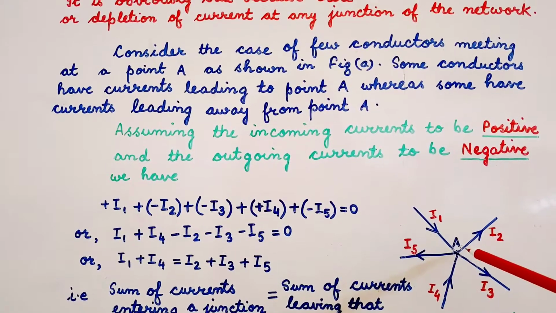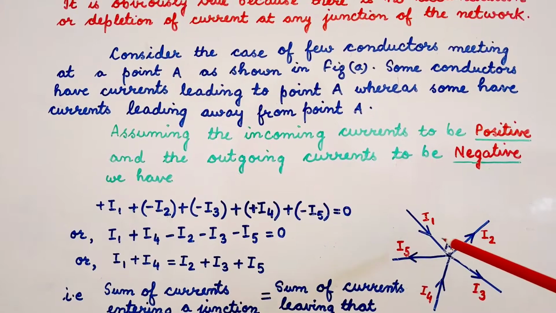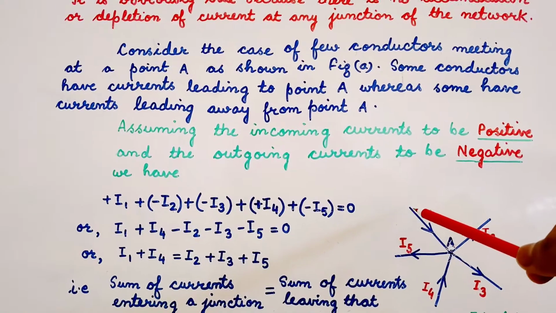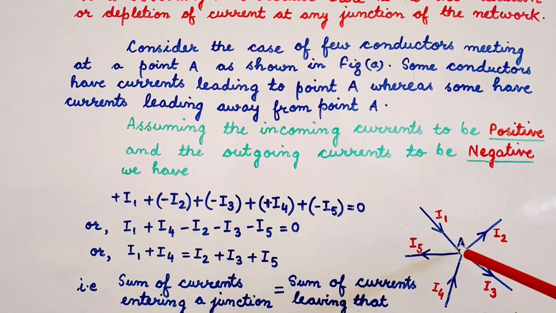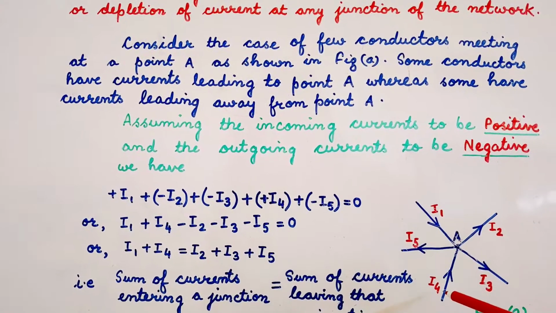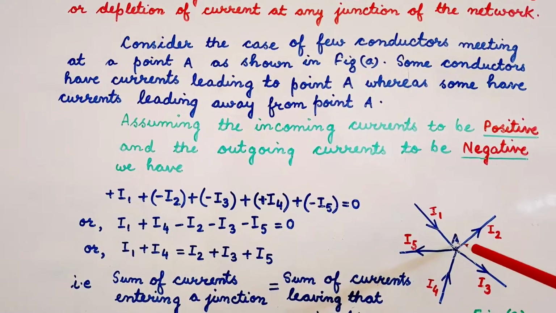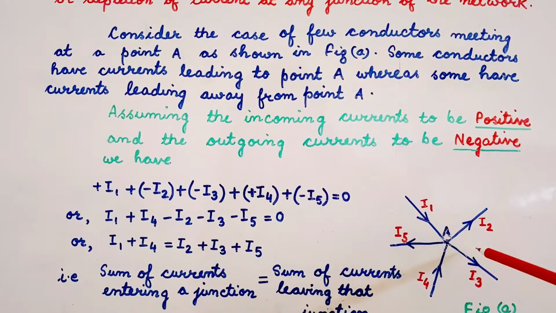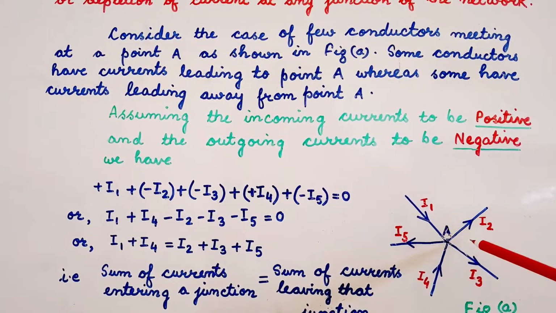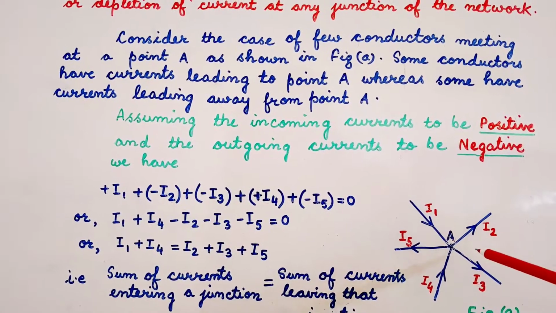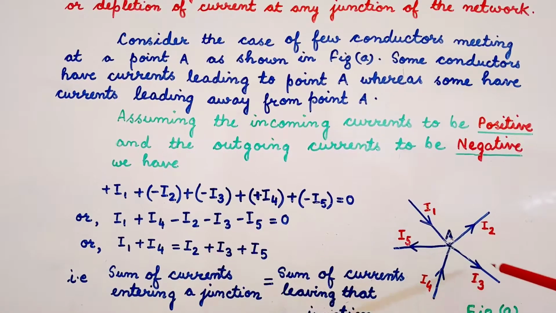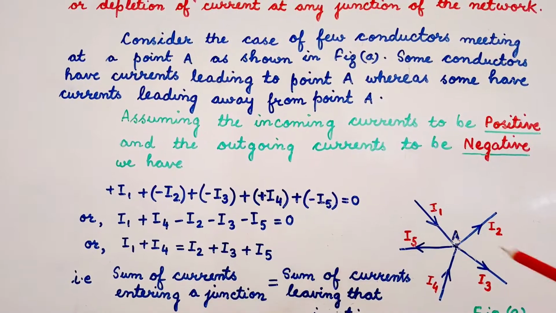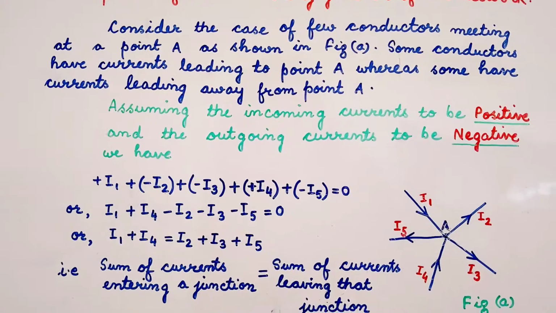Some of the conductors have currents which are leading to the point A: the current I1 is leading to point A, and the current I4 is also leading to point A. There are some other conductors leading away from point A. Here the current I2 is leading away from the point A, current I3 is also leaving point A, and the current I5 is also leaving point A.